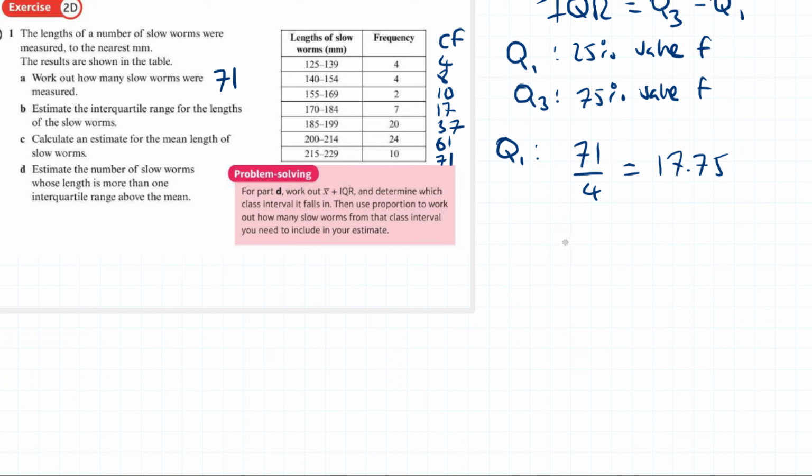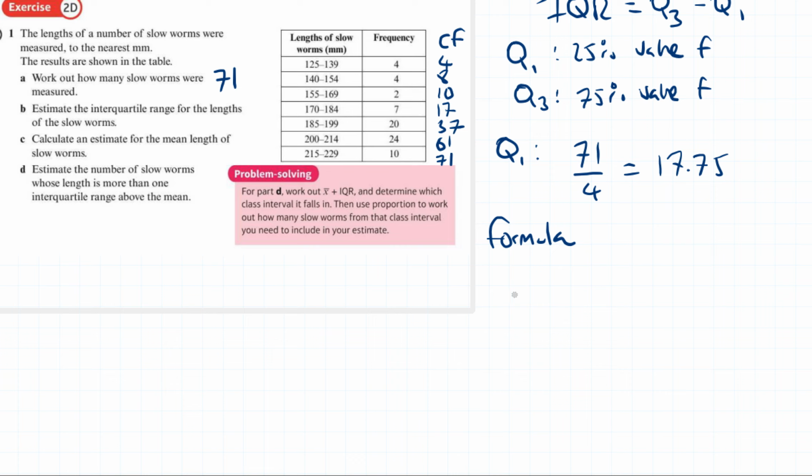There are two methods that we can do to find what our actual length is that we're interested in. Here we're going from the frequency, and we're finding out what the frequency of 17.75 corresponds to, or an estimate of that length. The first method is the formula method. I will show you the formula that we can use, but I will go through it in terms of the ratio.